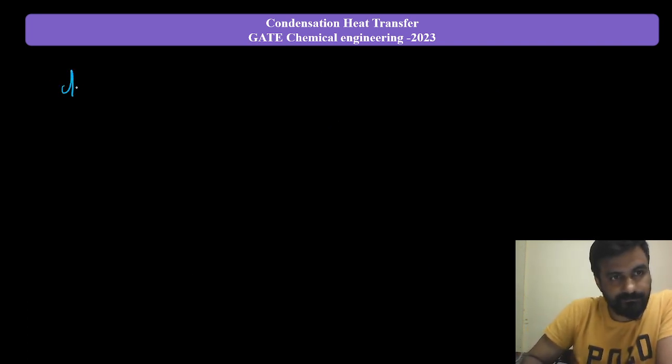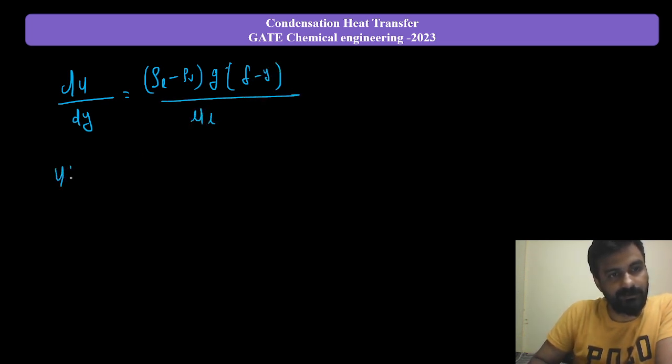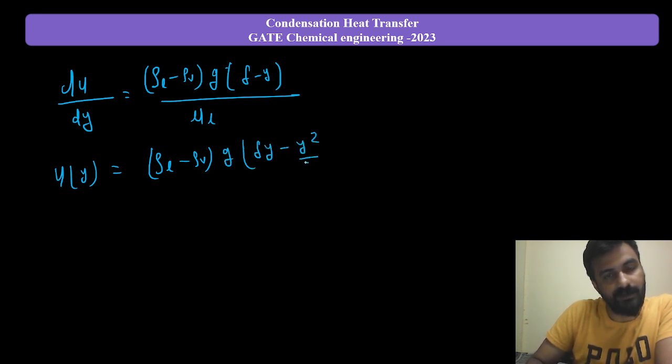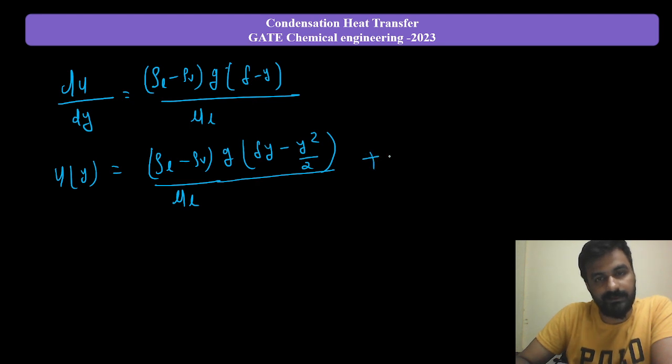So here I am writing du by dy is equal to rho l minus rho v, g (delta minus y) upon mu l. Now solving the differential equation, u(y) is equal to rho l minus rho v, g (delta y minus y square upon 2) by mu l, plus c1.